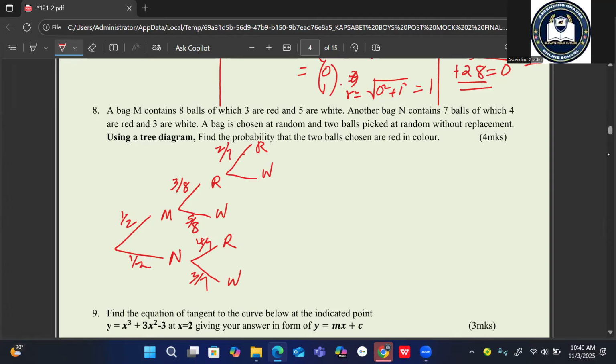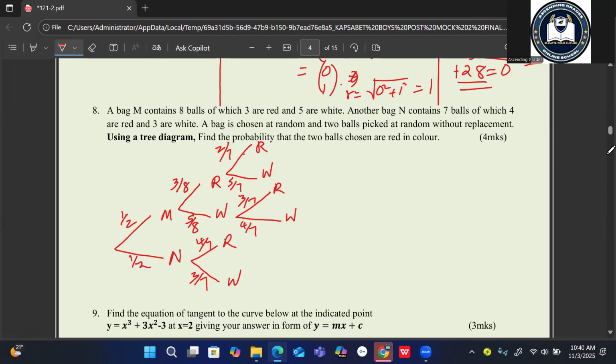The other one will still hold, which was 5. Now they are 7. So we go to white ones. If he decides to take the white ones, it means that the red ones will remain 4 out of 7. This is white, the red, this is white. So the red one will remain to be 3 out of 7.